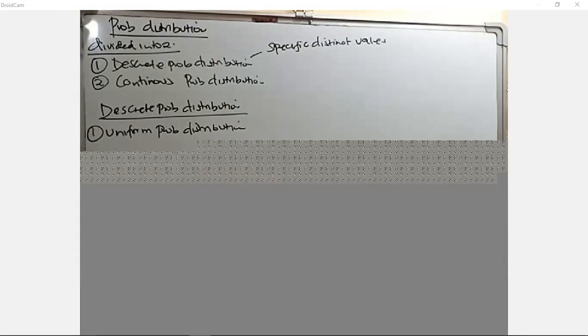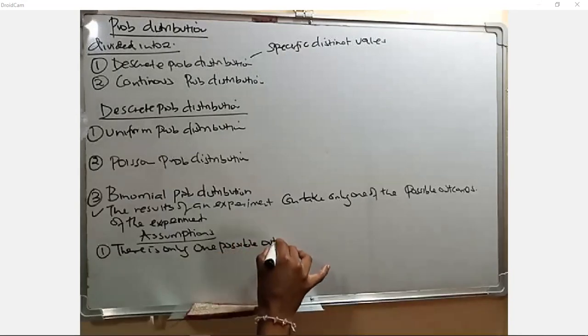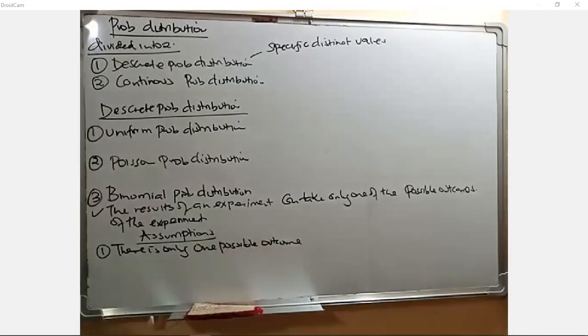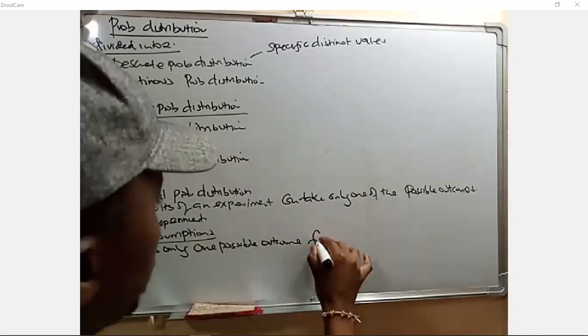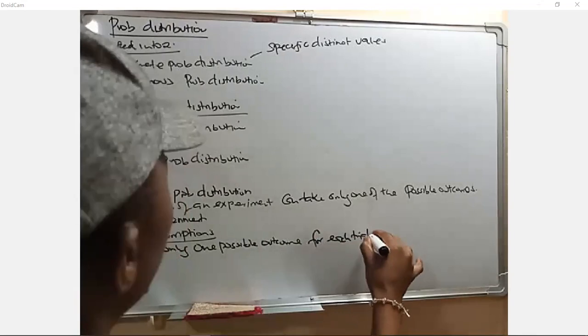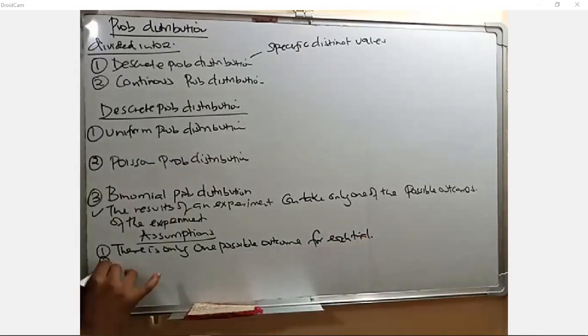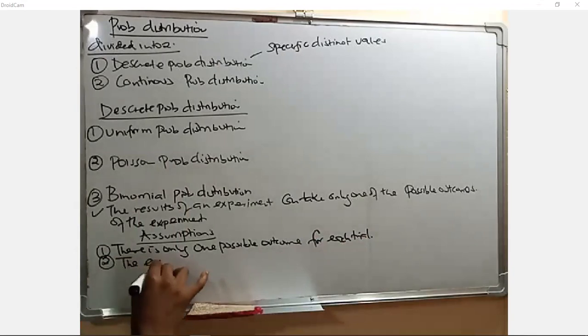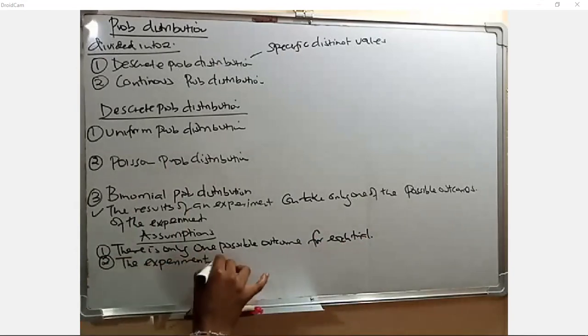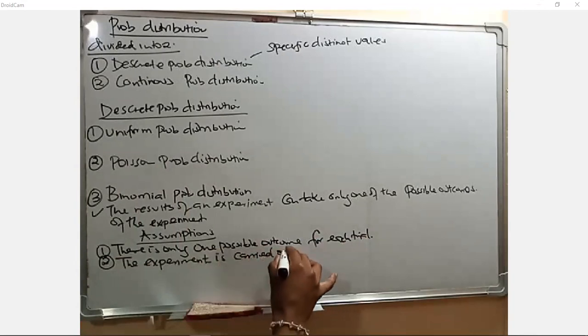Assumption number 1, we normally assume that there is only one possible outcome for each trial. Number 2, the experiment is carried out from infinite populations.